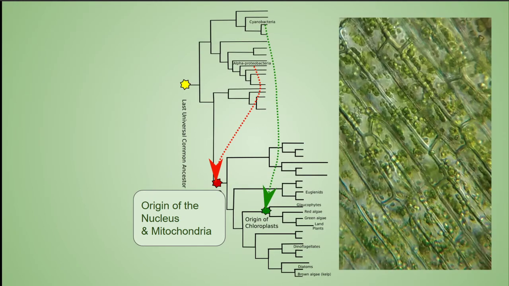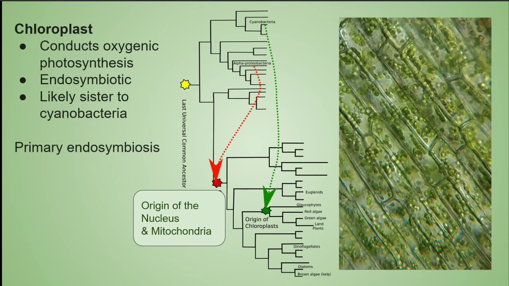Another part of the cell that we'd like to explain and understand is the chloroplast that we find in eukaryotic photosynthesizers. The chloroplast does oxygenic photosynthesis. That means that it releases oxygen as part of the photosynthetic process, part of harvesting light energy and storing that in chemical energy.